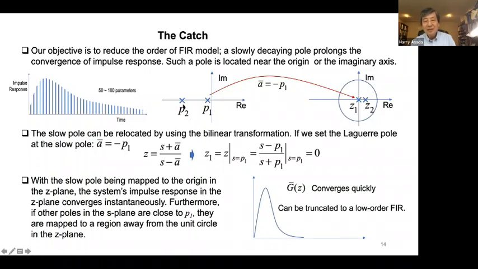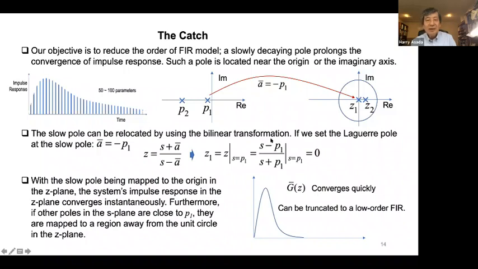Away from this, it decays more quickly. So this slow pole close to the imaginary axis is mapped to this point, which is farthest from the boundary, the unit circle. So this must be extremely fast. Basically, it converges instantaneously. The slow pole can be relocated by using the bilinear transformation.